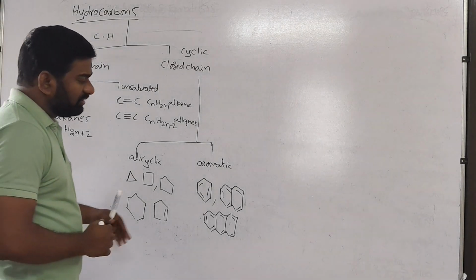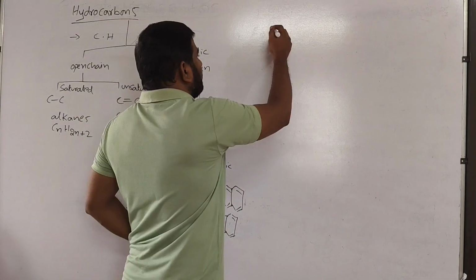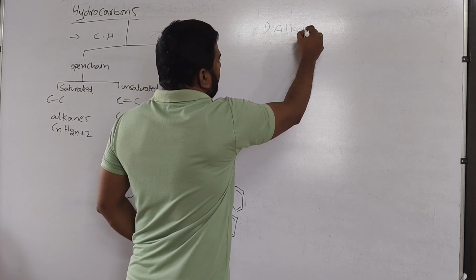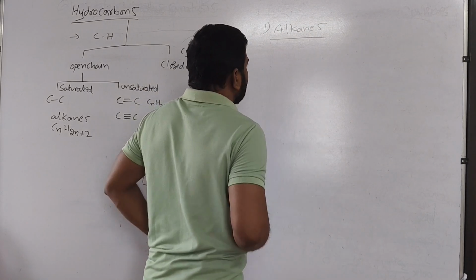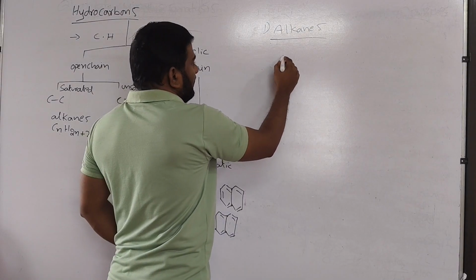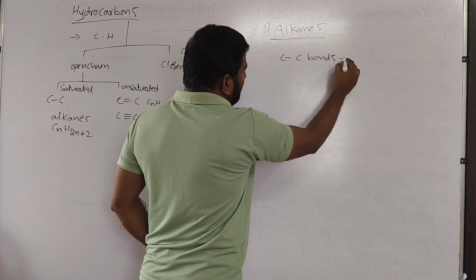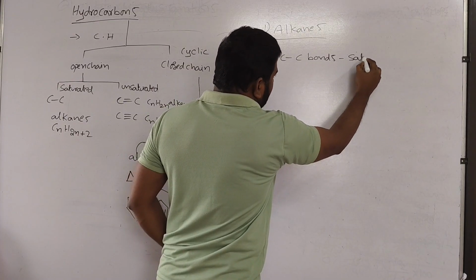Now we are going to discuss the very first one, saturated hydrocarbons, that is alkanes. Alkanes contain carbon single bonds, so they are called saturated compounds.